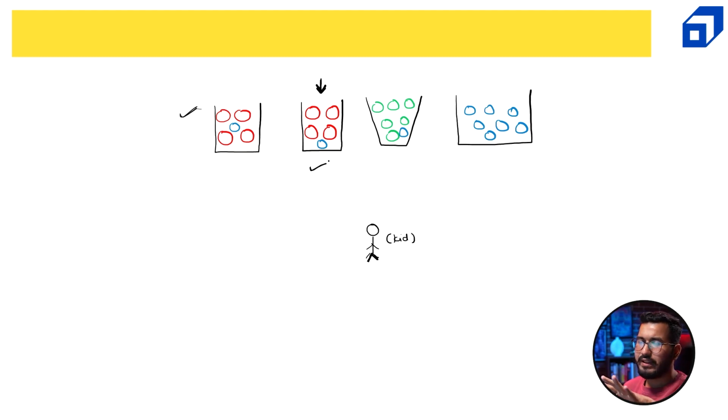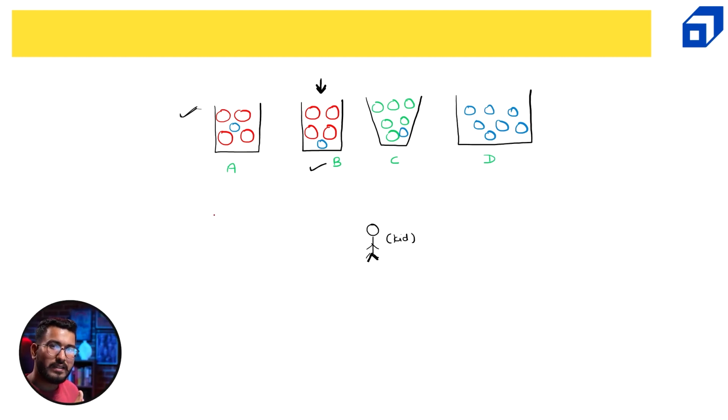Now the very easy way to help this particular kid bring out one of the container is either you can number them or you can name them. So numbering and naming both are the same thing. So I will name them. I'll call this as A, this as B, this as C, and this as D. And that is what the concept of data objects are.